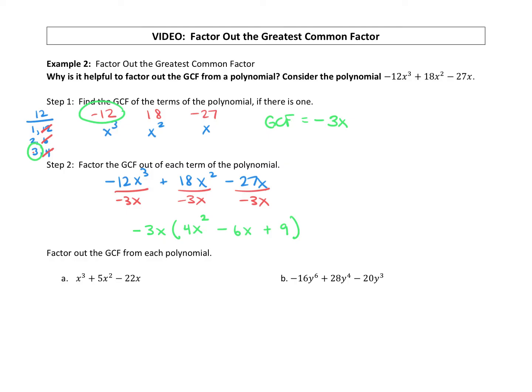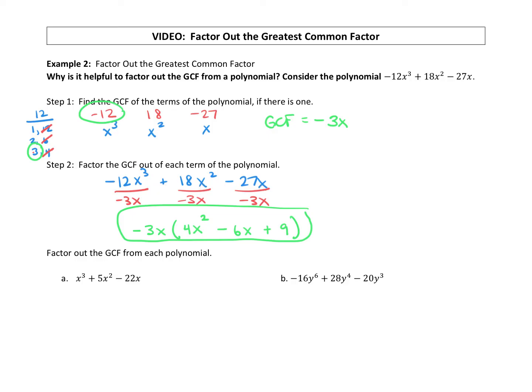So our answer in factored form, this is what we call factored form because we have factored out a negative 3x. This looks like a monomial times a trinomial, and that's exactly what it is. When we're factoring, it's like we are undoing multiplication. So if we were to multiply this back in, distribute that, we would get negative 12x cubed plus 18x squared minus 27x.